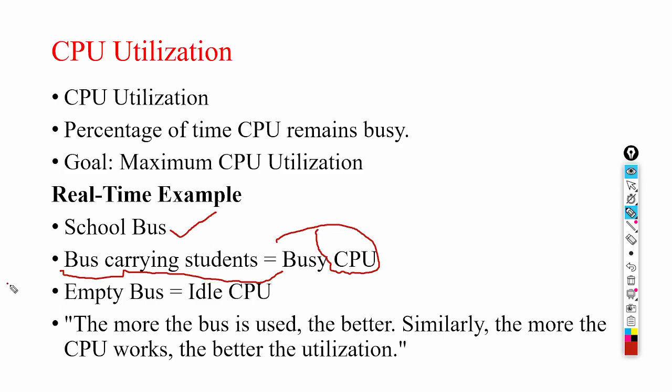An empty bus means an idle CPU. A bus carrying students throughout the day is the busy CPU. Similarly, a busy CPU means better utilization. Whenever the CPU is busy, we call it better CPU utilization.